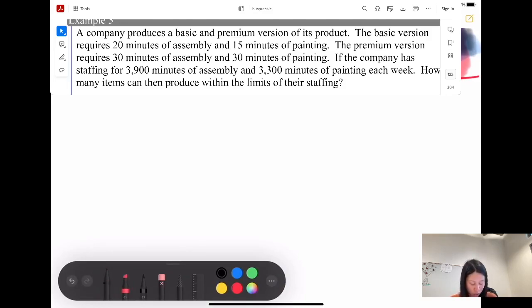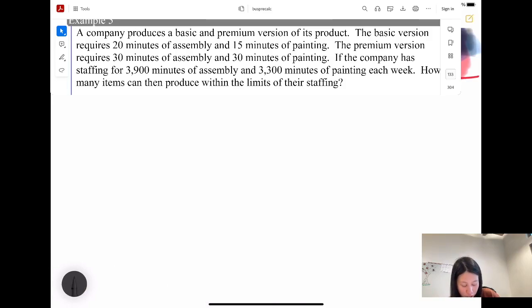I'm going to use a black pen and write: a company, let's say, has a premium version and the basic one.